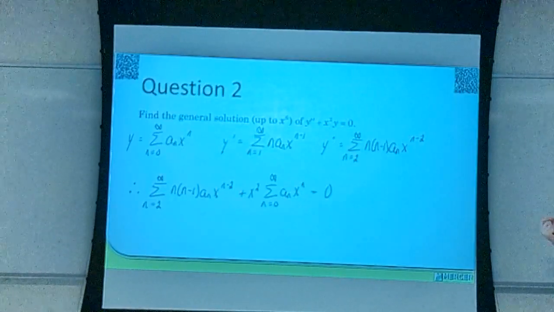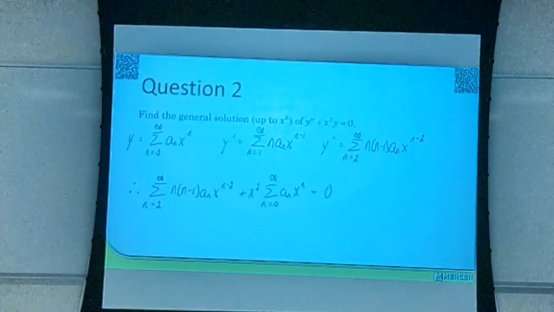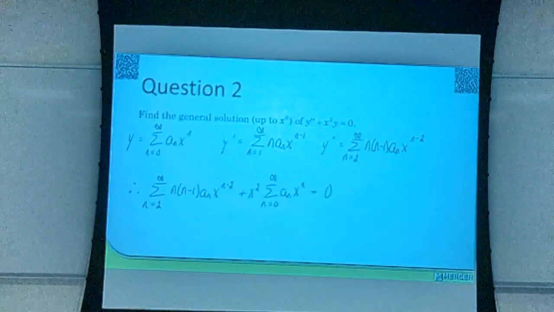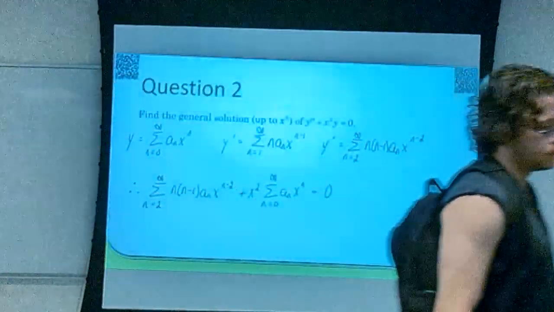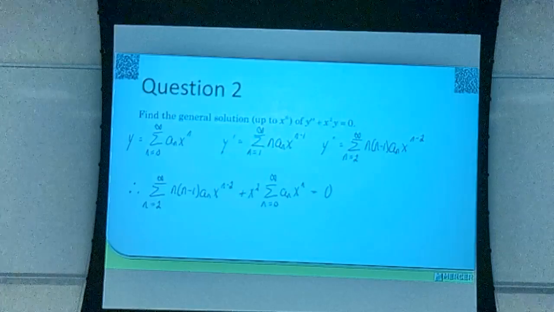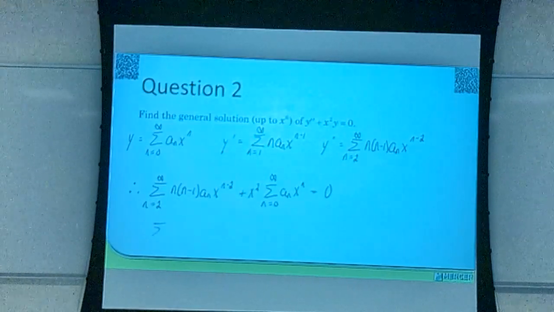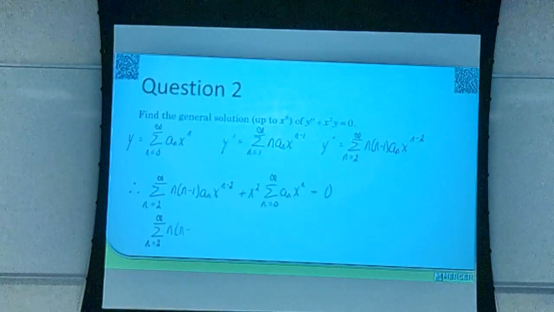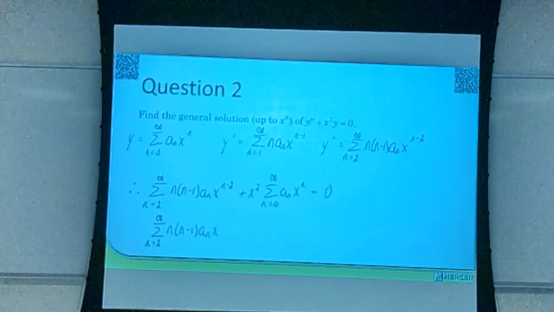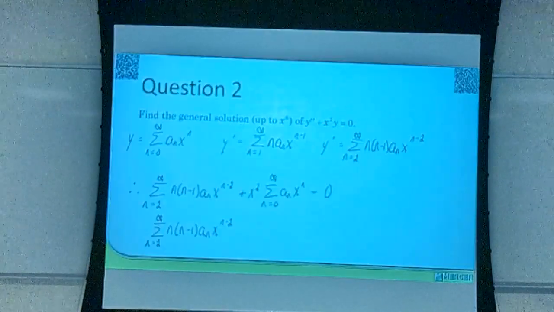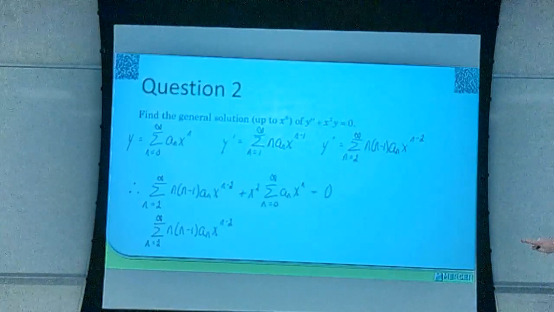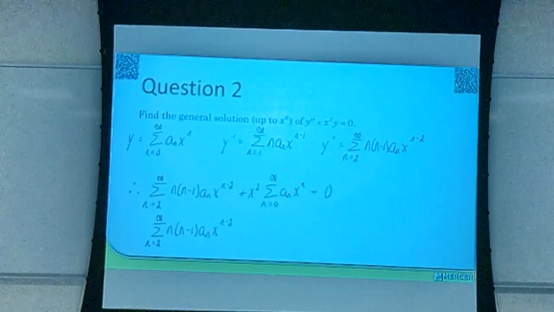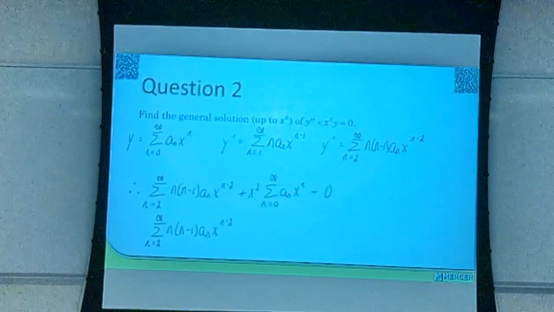Obviously, your indices have to start the same, and you also want the same power for x. Generally, try and write it as x to the nth power. And save yourself a headache. Don't distribute your n's, right? Even if you go to the third derivative, just leave it as n times n minus 1 times n minus 2.